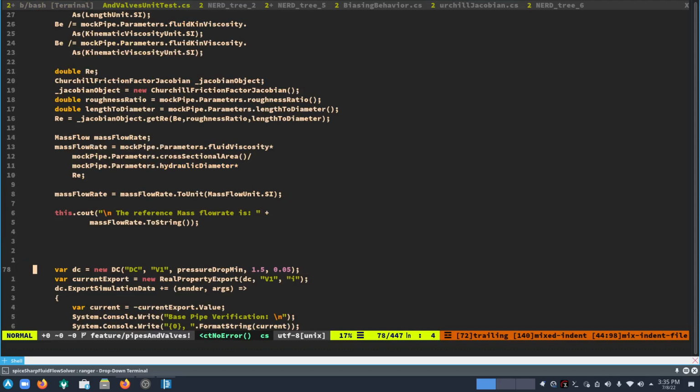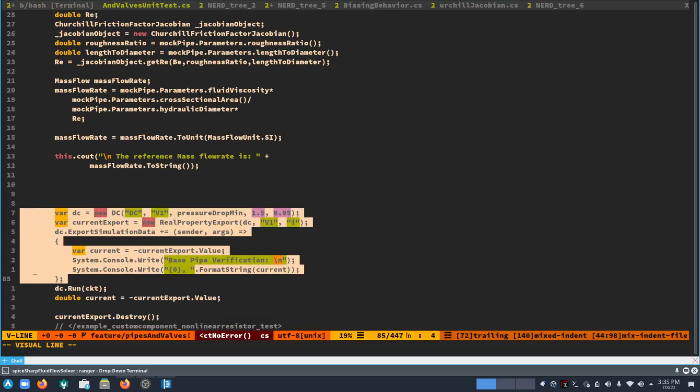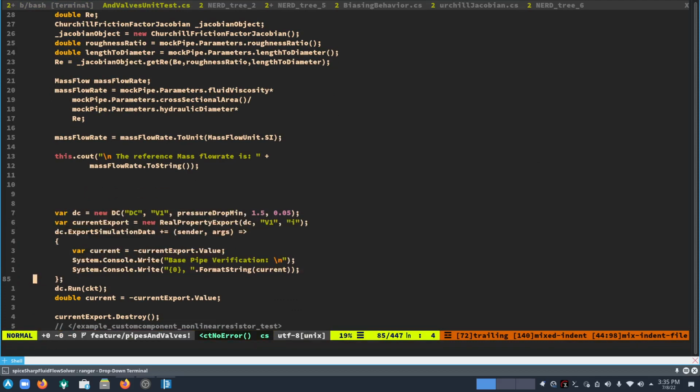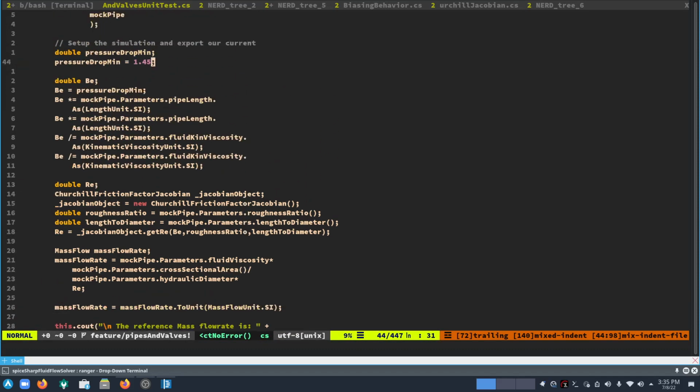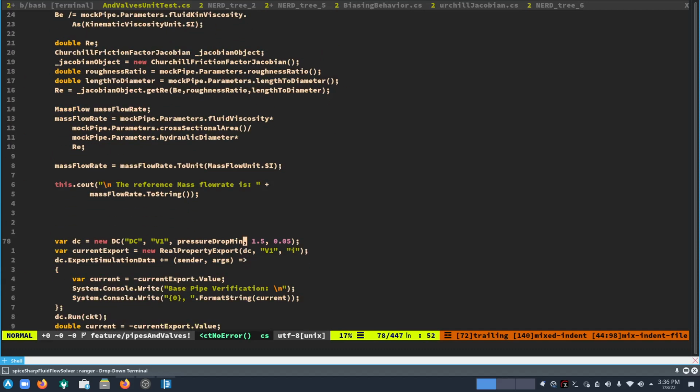After that I do a DC sweep, meaning I alternate between two pressures. First I have the pressure at pressure drop minimum, which is actually 1.45 meters squared per second squared. Over there I don't have units because we need to use doubles, just numbers without units.